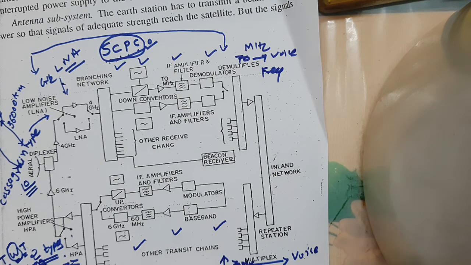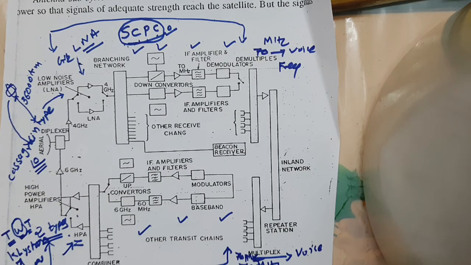The last one is the power system. For reliable power supply at the satellite earth stations, the power plant is normally battery based. Nearby, there is a power plant in the earth station and it is battery based.